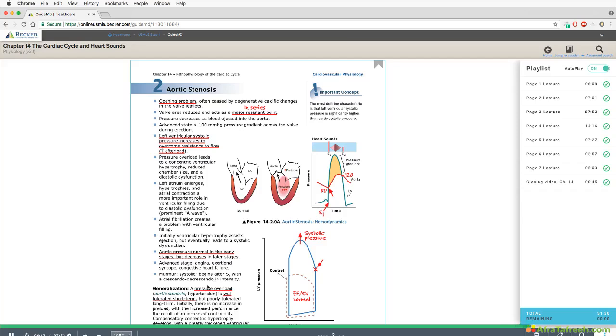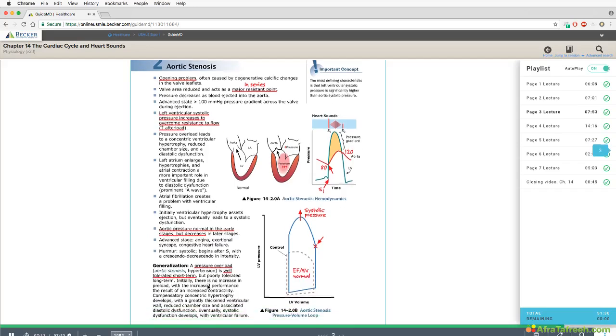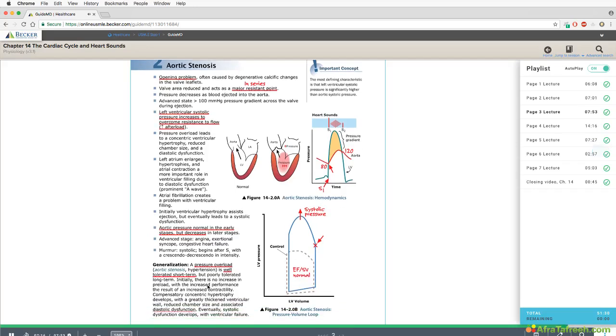Now, as a consequence, you get a greatly thickened ventricular wall, and as a result, a reduced chamber size. And as you develop that concentric hypertrophy, initially it is compensatory, but later it is not a compensatory change. It is becoming a stiffer ventricle and a smaller chamber, and you will develop a diastolic dysfunction. A concentric hypertrophy is associated with a diastolic dysfunction.